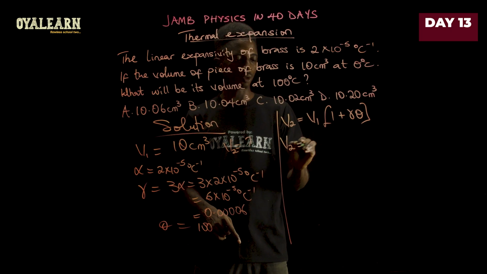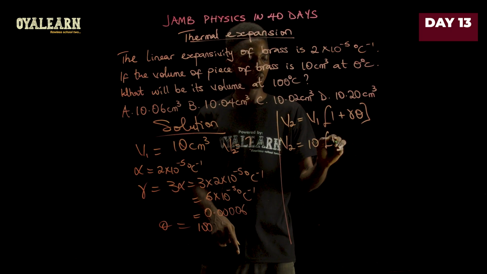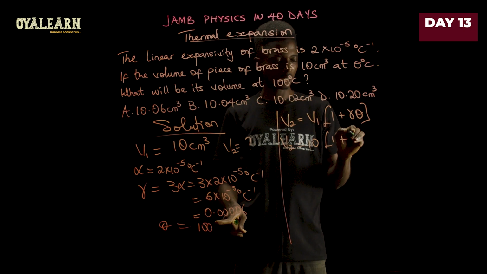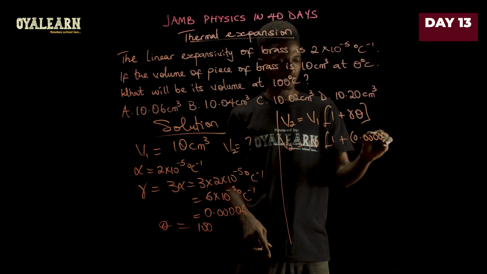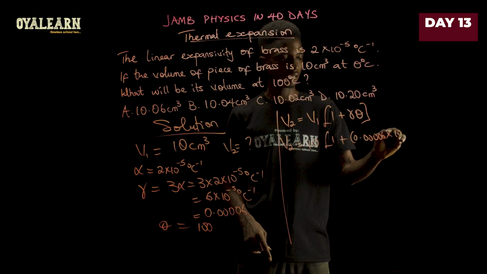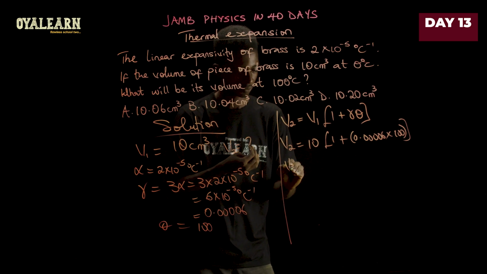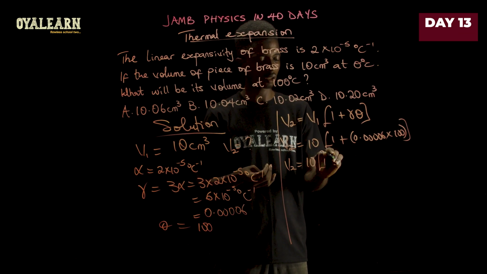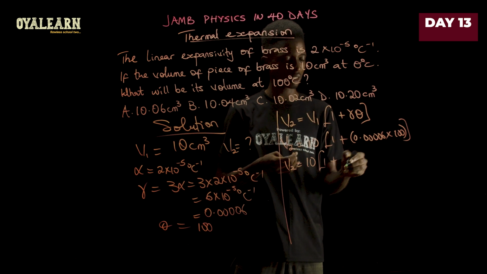So V2 therefore becomes V1, which is 10, into 1 plus, now we find this, which will be 0.00006 multiplied by 100. Now let's see what this would give us. V2 would then be 10 into 1 plus. Now when we multiply this, that will get rid of 2 zeros here.